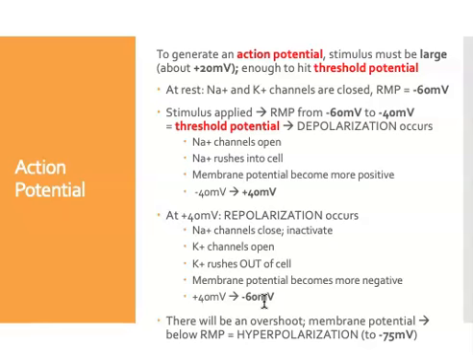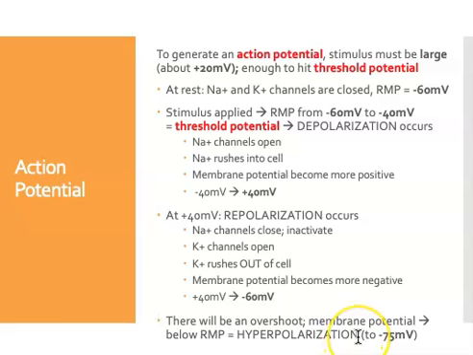We depolarize to plus 40, and then we repolarize to minus 60. Now, what's going to happen in the neuron is when we get back down to resting, we're going to keep going. We're going to keep going more negative than that. It's what we call an overshoot, or some people call it an undershoot. It depends on your perspective. We're going to go from minus 60 all the way down to about minus 75.